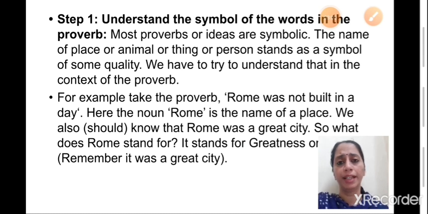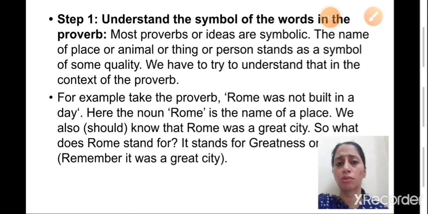Okay, I'll give you an example. Rome was not built in a day. This is the proverb. Okay, now what does this mean? Let's see. Here the noun Rome is the name of a place. We also know that Rome was a great city.